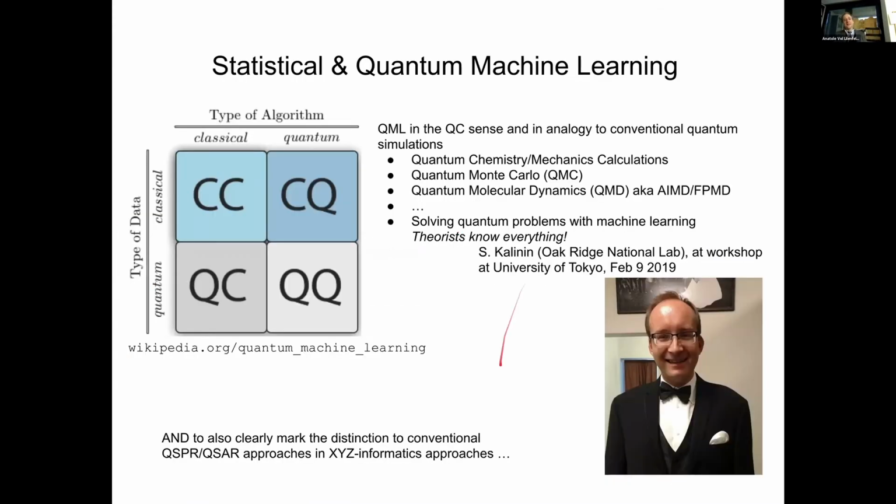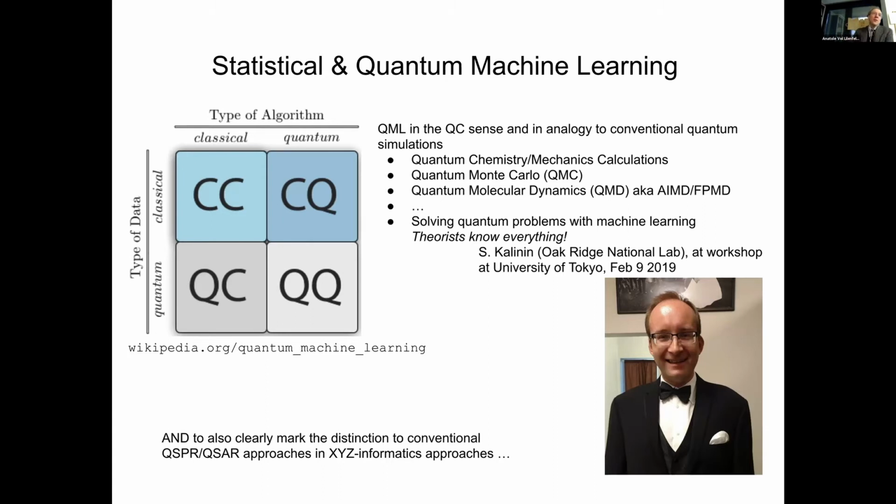Now, before I get there, and also to make the distinction clear to the previous speakers, what we are referring to in terms of quantum machine learning is not using quantum computing, right? Rather, we use this term in the same sense as you would speak about quantum Monte Carlo or quantum molecular dynamics, meaning that you do something classical to describe a quantum object.